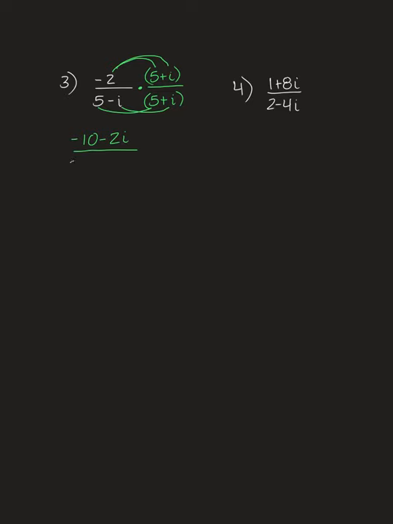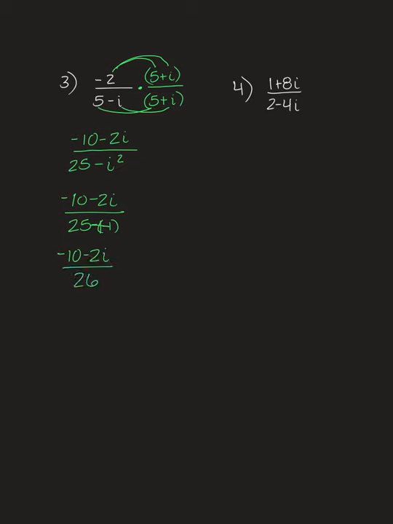So 5 times 5 is 25. Negative i times positive i is negative i squared. So I will have negative 10 minus 2i over 25 minus a negative 1, which turns into plus 1. So I will get negative 10 minus 2i over 26.